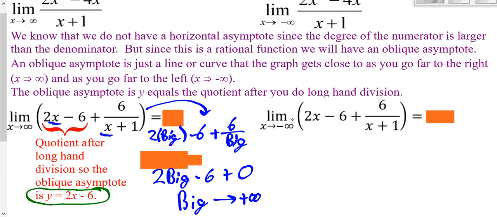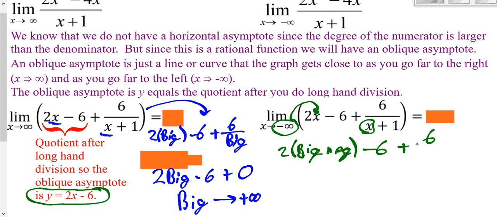Now over here, technically we're putting in a big negative here and a big negative here. So you'd have 2 times a big but negative, minus 6, plus 6 over something big negative. Well, this last part here goes to 0.